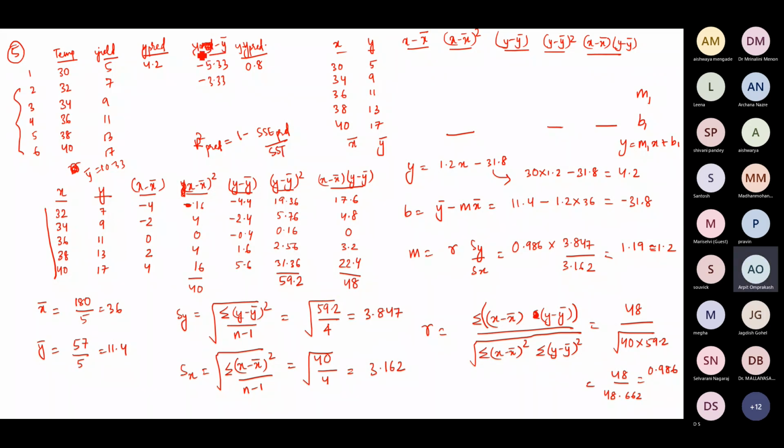SSE predicted is the summation of y minus y predicted whole square. So it becomes 1 minus the summation of y minus y predicted whole square divided by the summation of y minus y bar whole square. So you calculate these two columns by subtracting, then square them and find the sum. Those values you will use here.